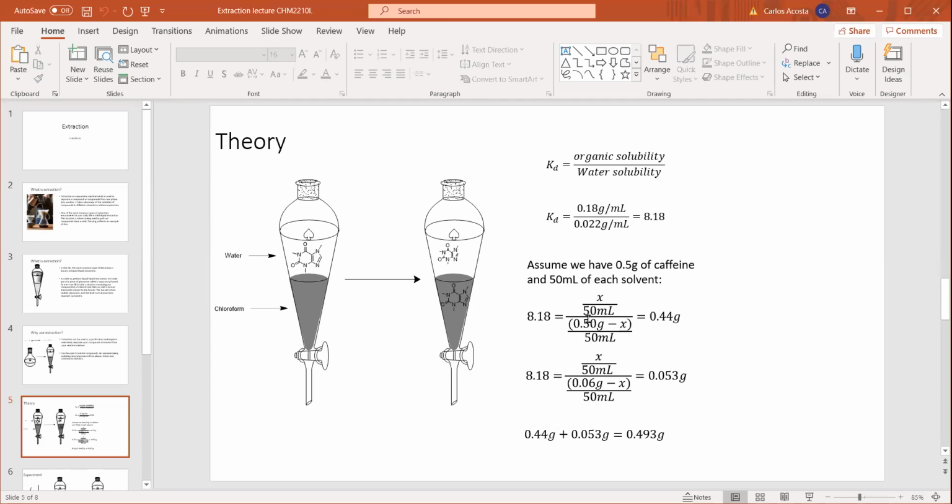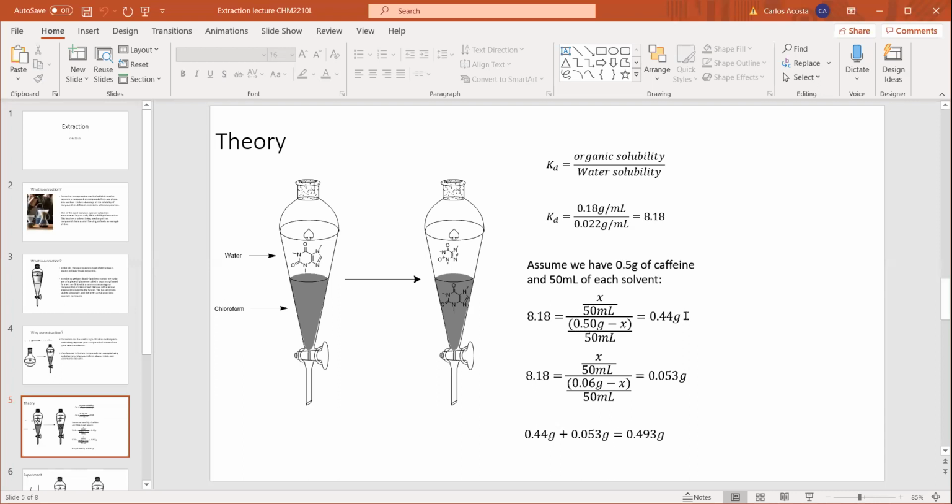What we find is that if we use this volume of chloroform and water, with one washing we extract 0.44 grams of caffeine from our water mixture. That's pretty good, since we only need to extract 0.5 grams, that's almost all of it. But if we want to get a little bit more, we could do a second washing.